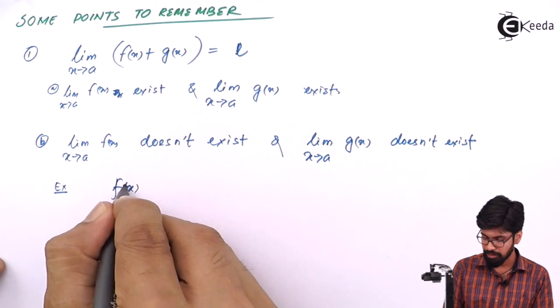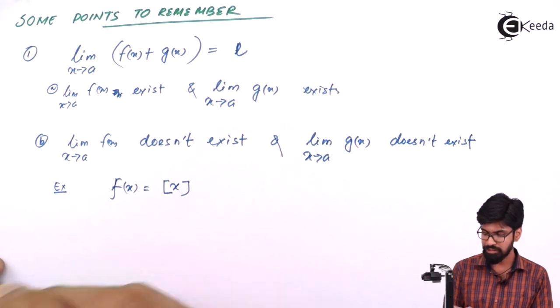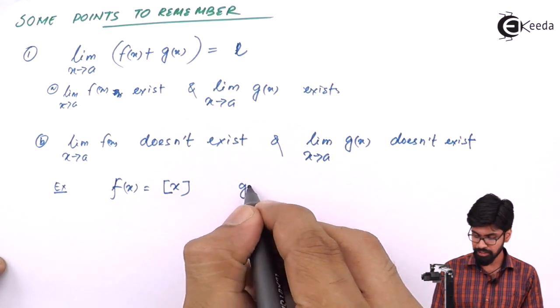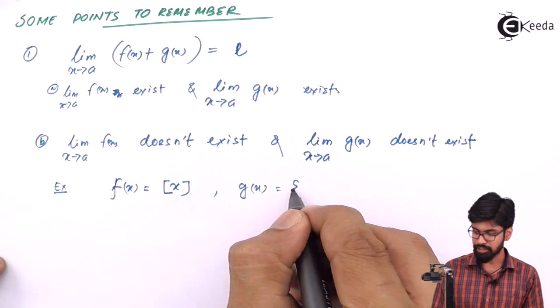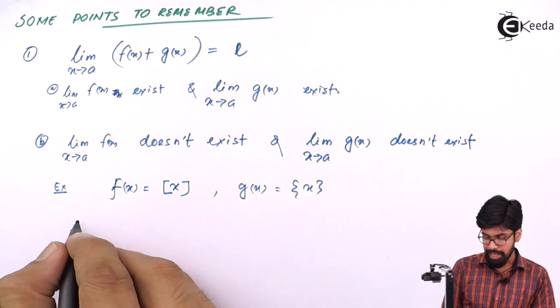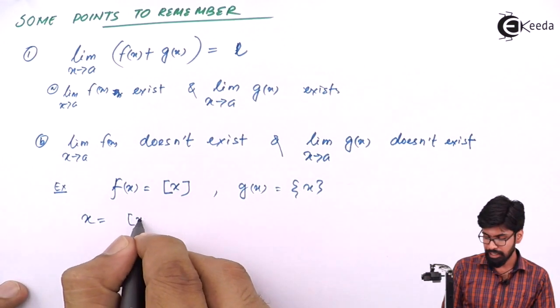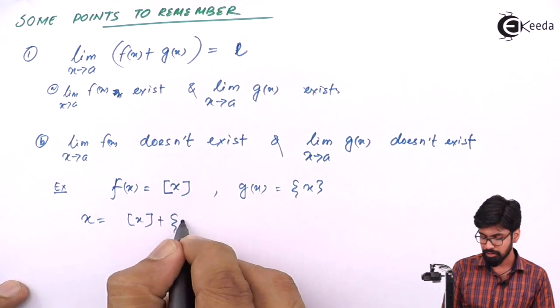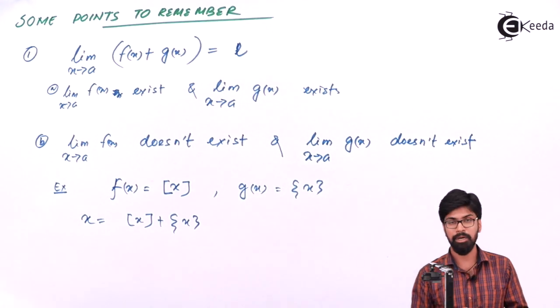Let f of x be the function greatest integer of x and g of x be the function fractional part of x, and we already know that x equals fractional part of x plus greatest integer part of x.